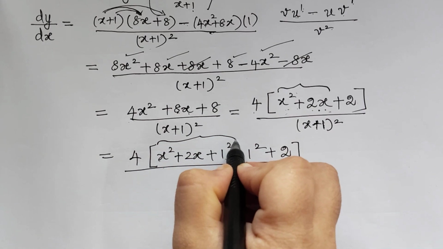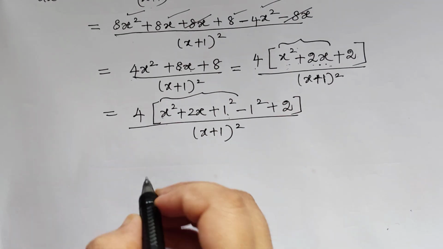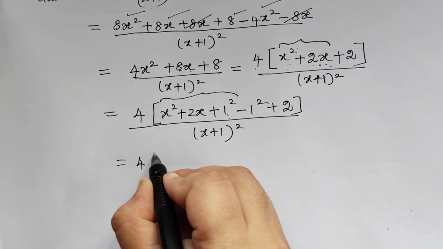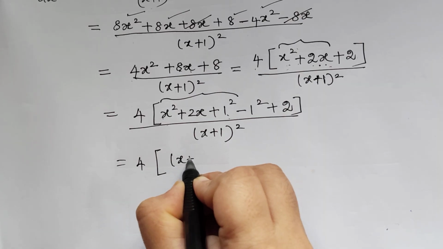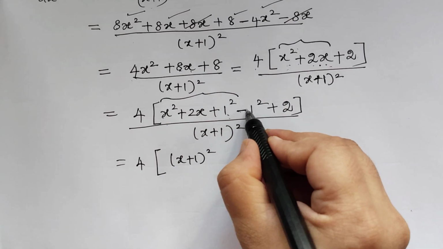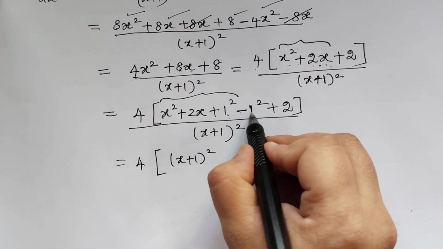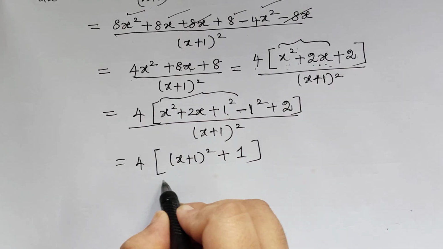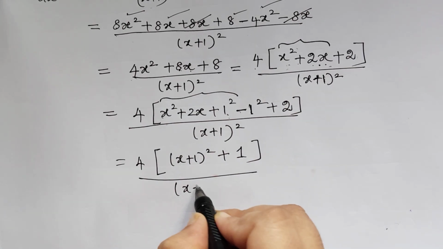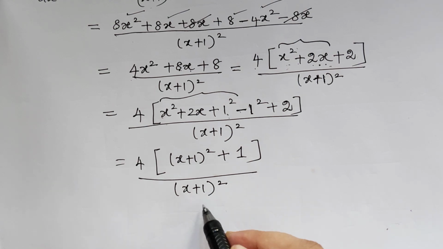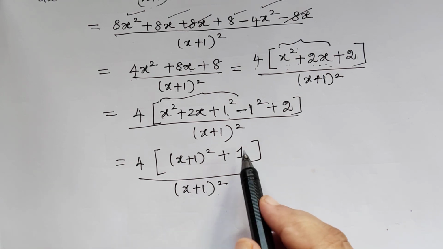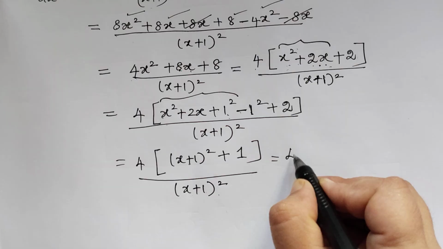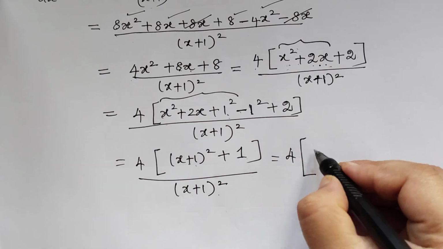So this gives us x plus 1 the whole square. So we can write this as 4 multiplied with x plus 1 the whole square, and this minus 1 square is minus 1. So minus 1 plus 2 will give us plus 1, divided by x plus 1 the whole square. Now this x plus 1 in the denominator is common to these two terms, so it can be taken to each of the terms separately.